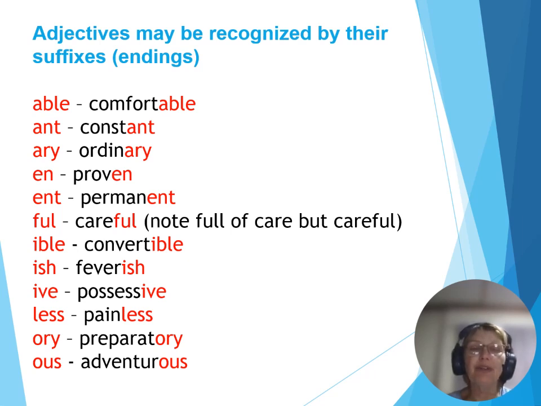And I want you to be very careful of your spelling here, because you must take note that if you write careful as being full of care, then full will be written with a double L. But the minute you link it to the word, in other words, you change it to just one word, then it becomes careful with a single L at the end. Watch out for your spelling, because that can be a serious problem.